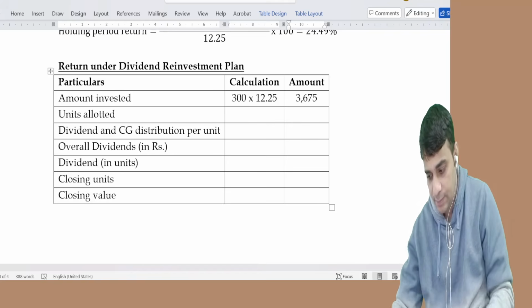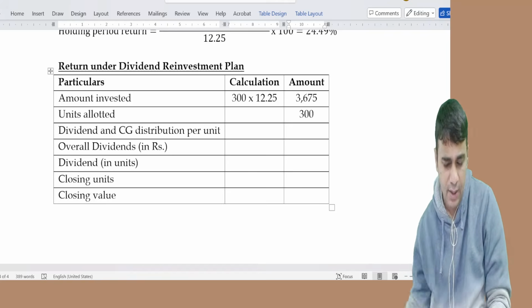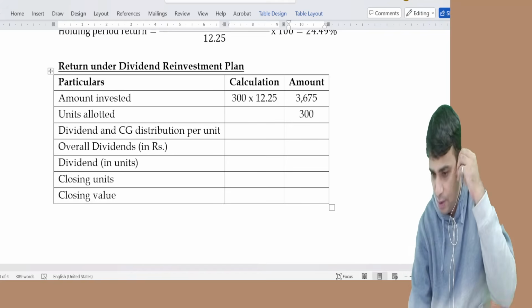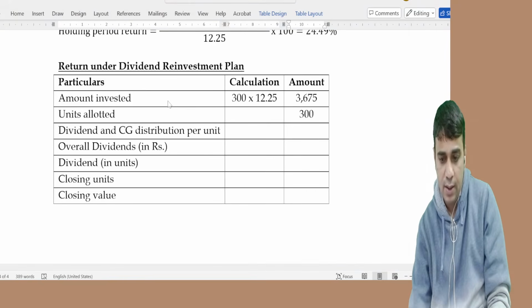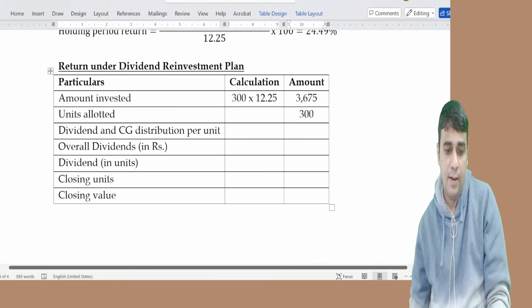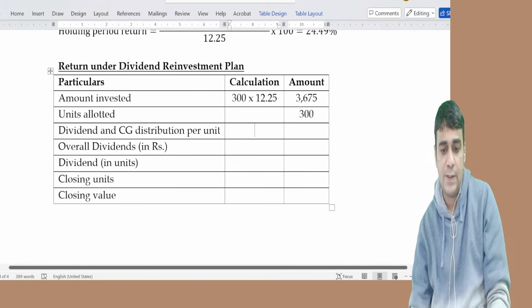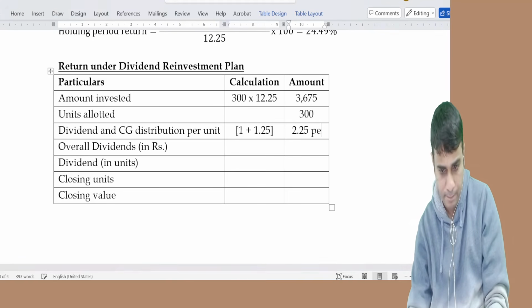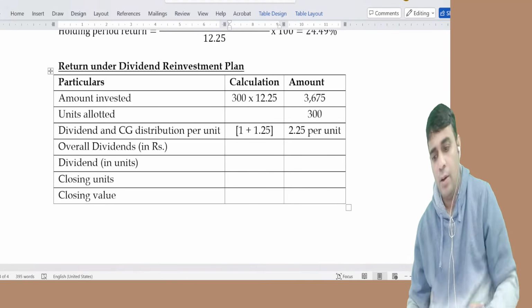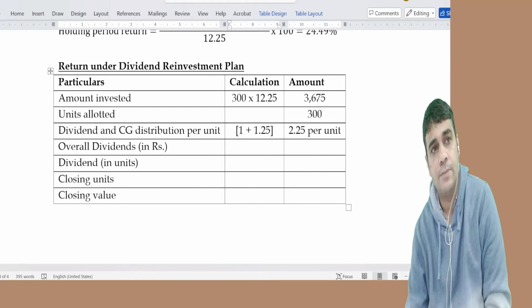Units allotted 300. Dividend and CG distribution is 1 and 1.25. So 2.25 per unit.